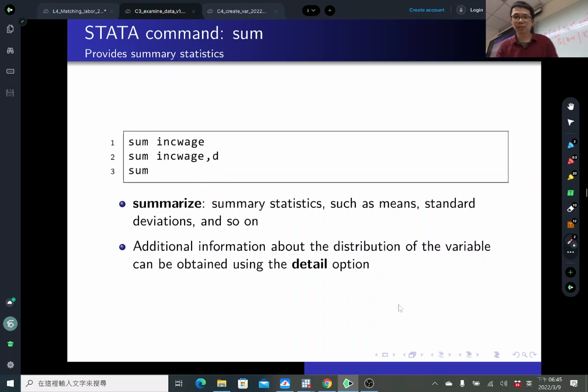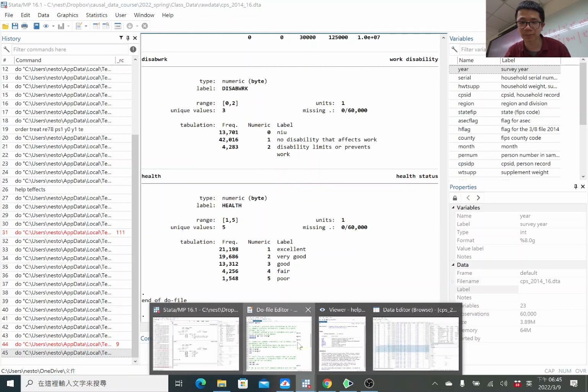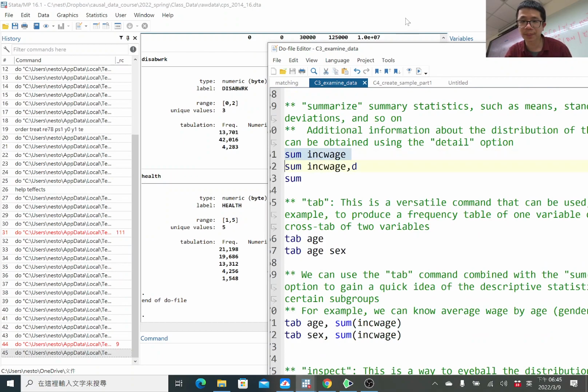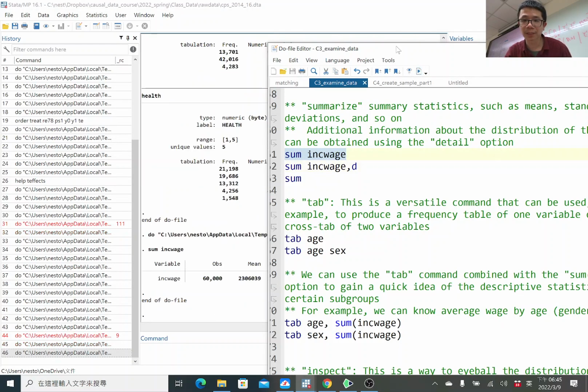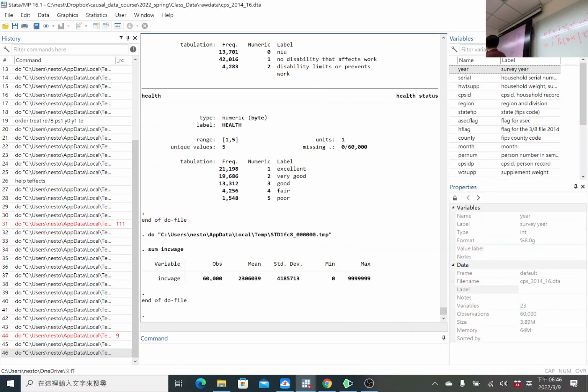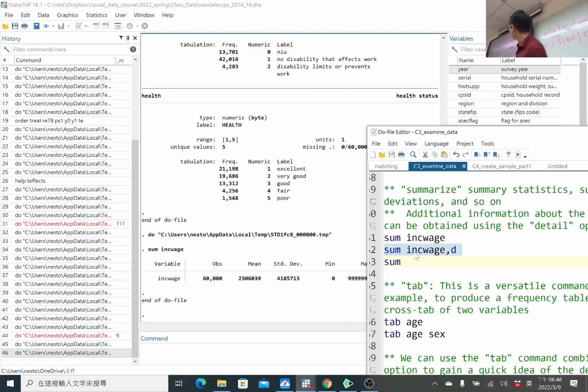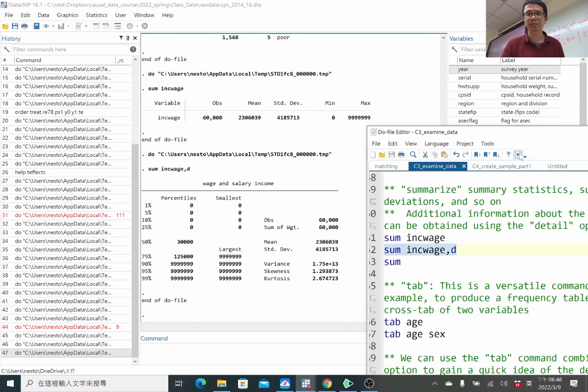Okay. So here I just give you some examples. If you implement the sum, it will let you know what's the mean of that variable, what's the standard error of that variable, and the maximum value for this variable. But if you put the detail option, D, here, it will give you more information about that variable.